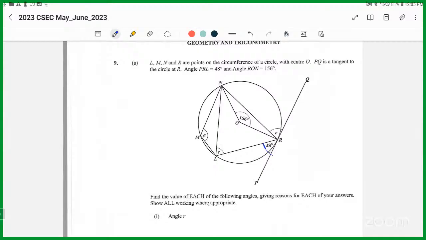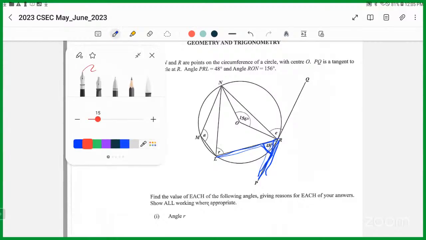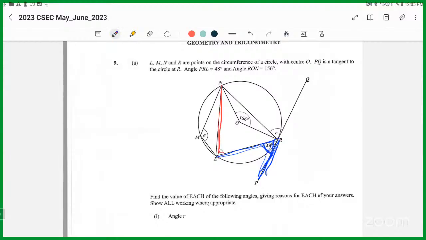That's the angle between this chord and this tangent, so the chord subtends the same angle up here, 48, before we even start. And the angle at the center is 156.